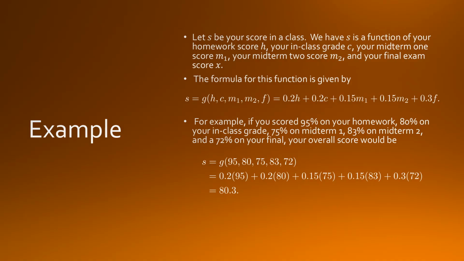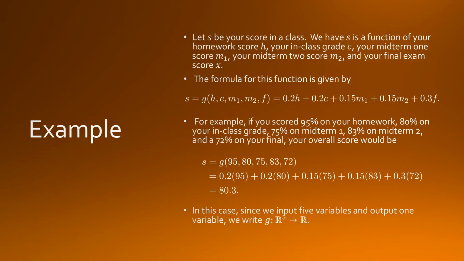So it's 0.2 times, well, H is now 95, plus 0.2 times 80 because C is now 80, and so on. And if we calculate that out, we see the final score for the course is 80 points. So we have 5 input variables and 1 output variable.